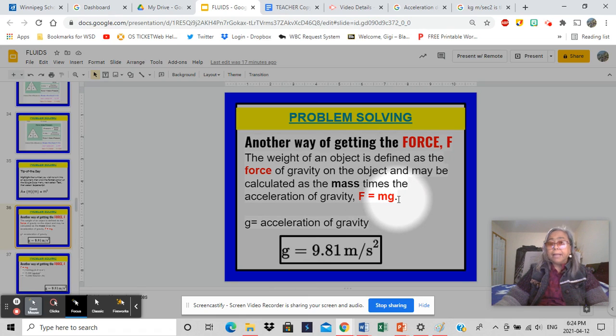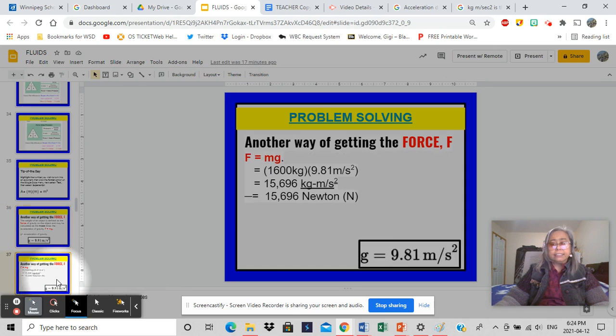You need to multiply it by the acceleration due to gravity, which is 9.81, okay? So that you can get the value for the force, which is in Newton. Again, Newton, the long unit for that would be kilogram meter per second squared.